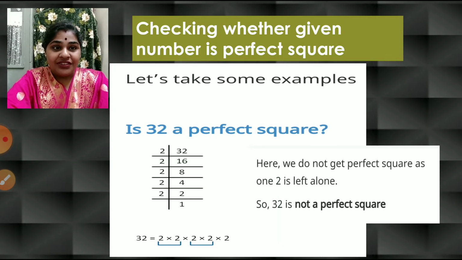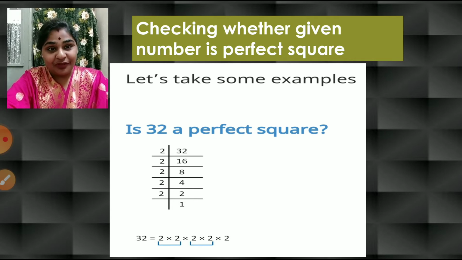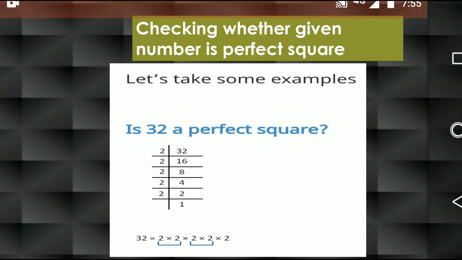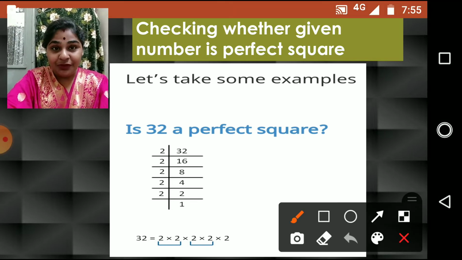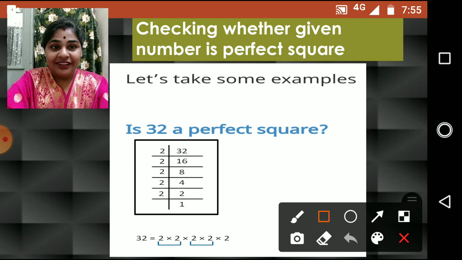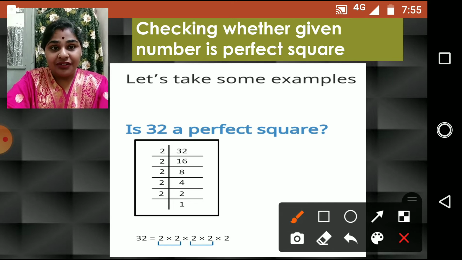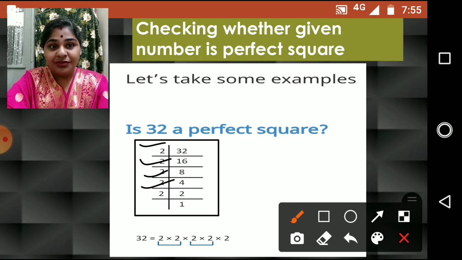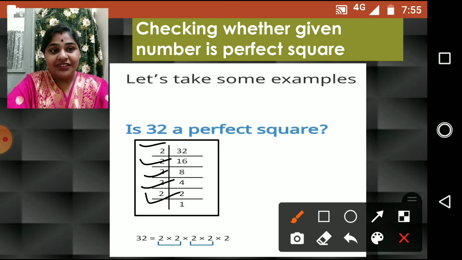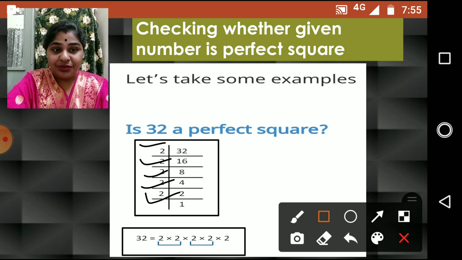So, checking whether a given number is a perfect square. Let's take one example: let us check whether 32 is a perfect square, children. Here we have factorized 32 using prime factors. The prime factors of 32 are 2, 2, 2, 2 and 2, so 32 is equal to 2 into 2 into 2 into 2 into 2.